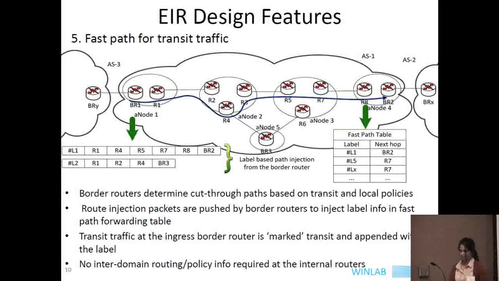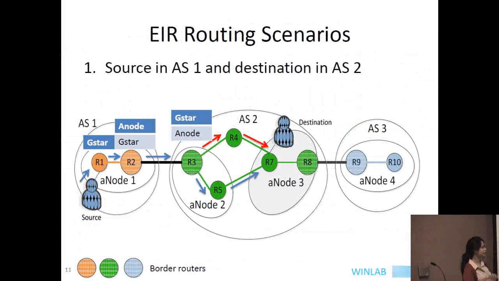So the next two slides are sort of bringing it all together, going through a toy example and showing what the different routing tables are at each hop, and what routing tables are accessed for transferring data from a source to a destination.